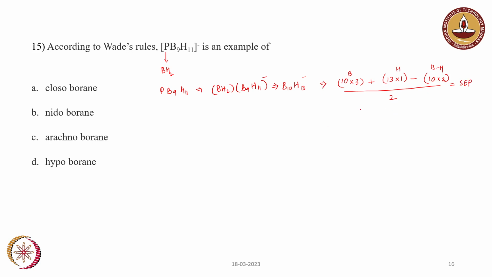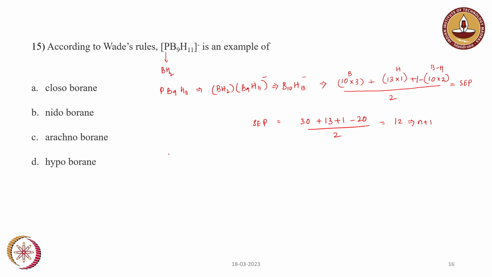So SEP equals 30 plus 13, we have to add one for this negative charge, which is plus 1, minus 20, divided by 2, which will be equal to 12, which is n plus 1.